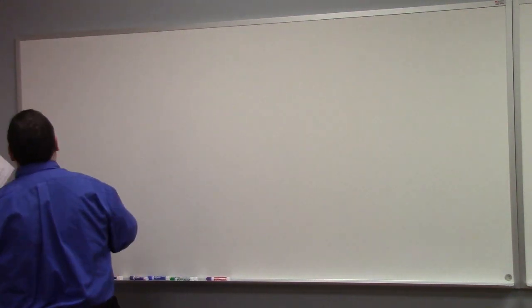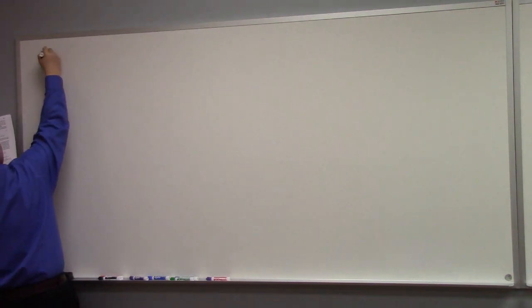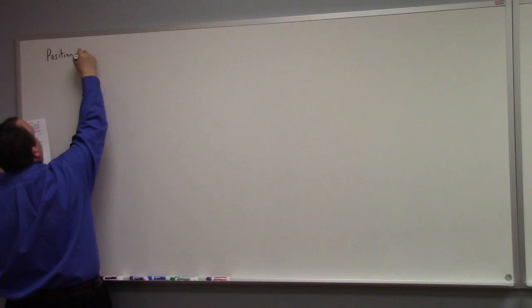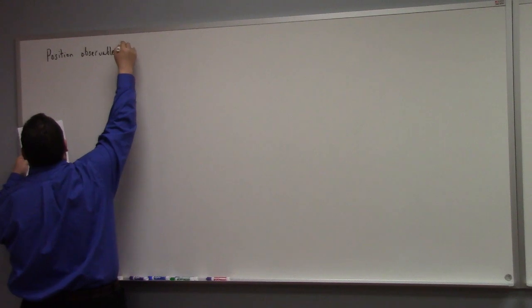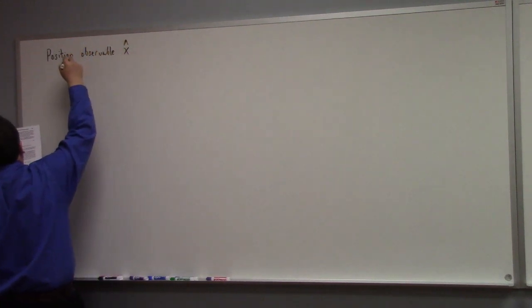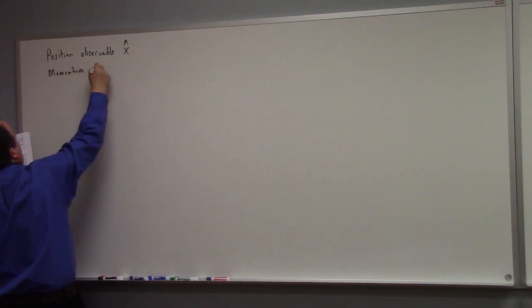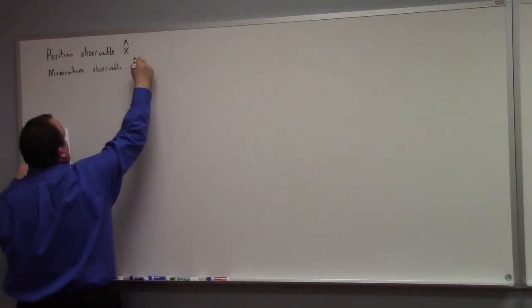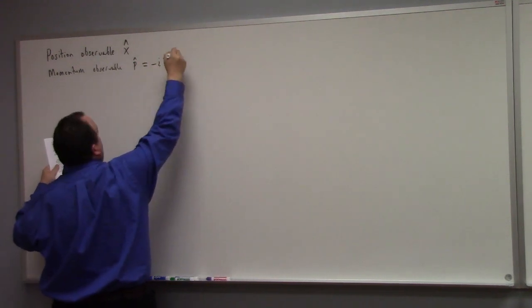All right, so I'm going to start out with a calculation, actually. He says if you've got the position observable x hat, right, and the momentum observable p hat, then he says it's equal to minus i h bar partial x.